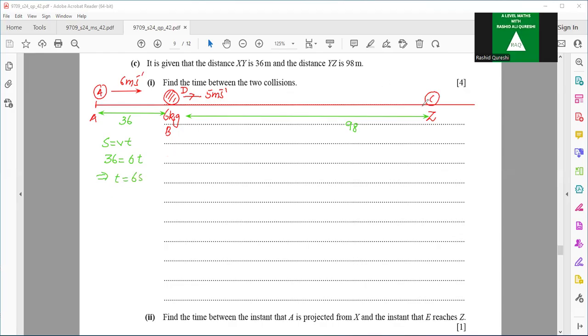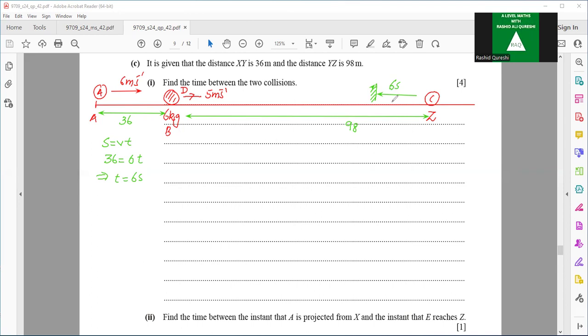C also, because of the instantaneous motion at the same instant, this particle will also move in this direction. That particle is moving in this direction. So after 6 seconds, where will this particle be? After 6 seconds, the particle will be over here.